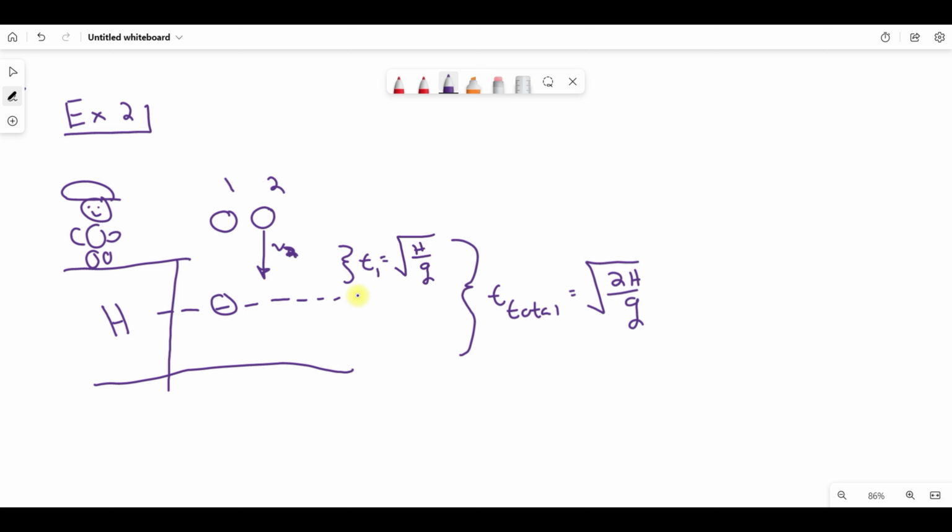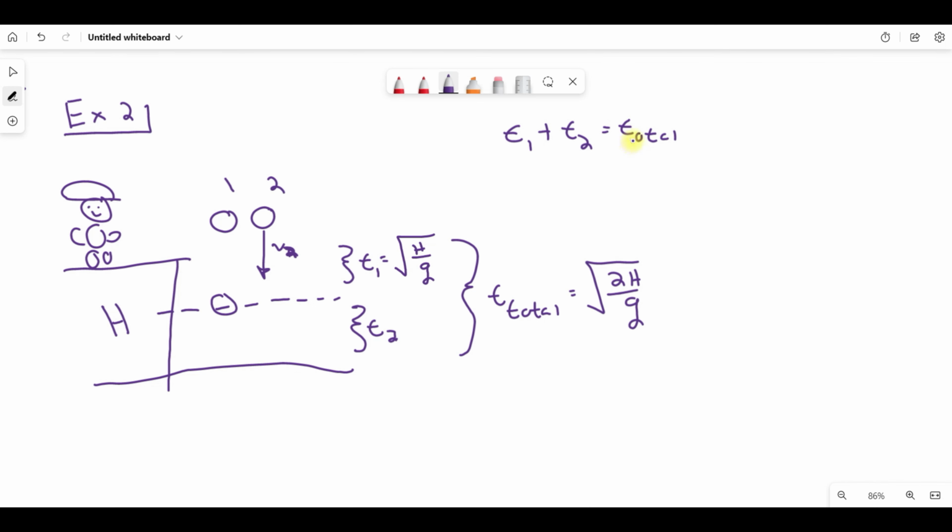So this time here, between when the ball goes from half its height to the full height, let's call it t2. We know that t2 is going to be the time that ball 2 takes in its total flight. And we know that time t1 plus time t2 is time total.